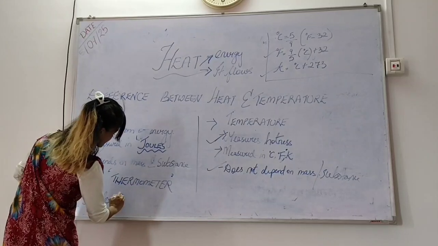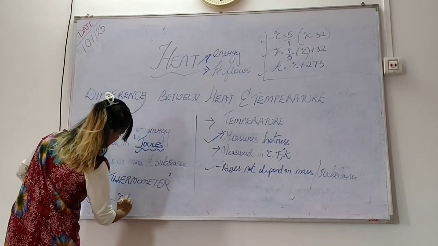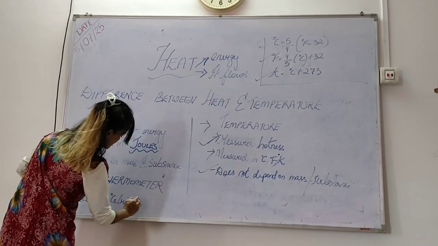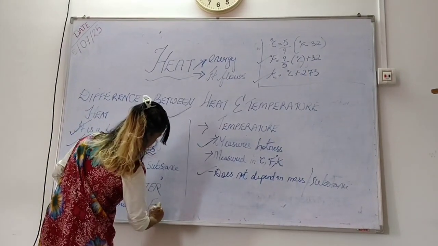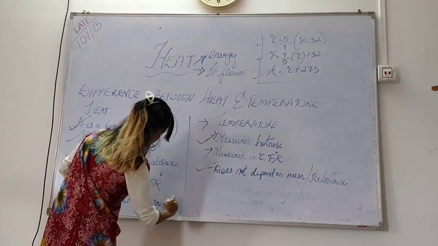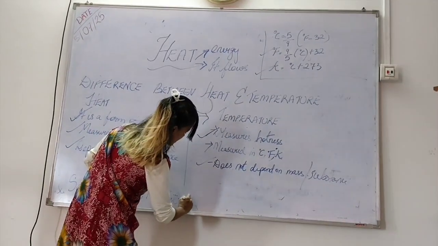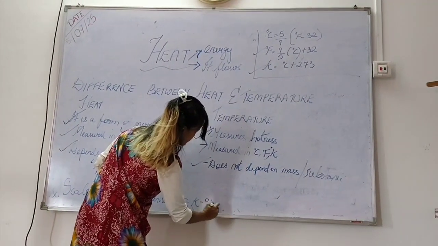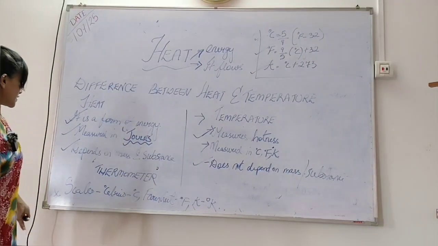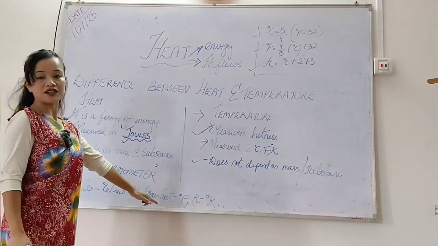For Celsius, it is degree Celsius. For Fahrenheit, it is degree Fahrenheit. And for Kelvin, it is degree Kelvin. So these are the scales used for measuring temperature.